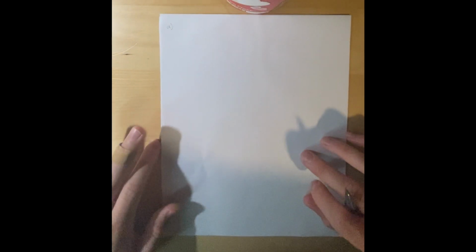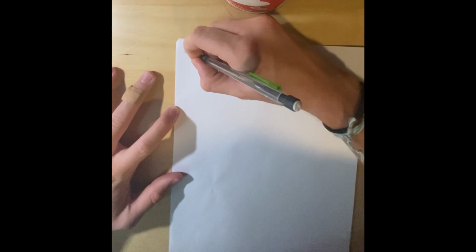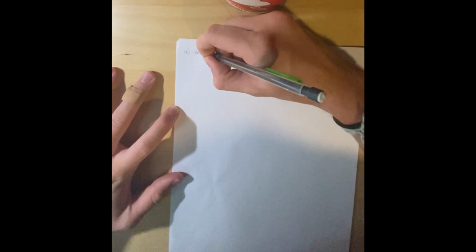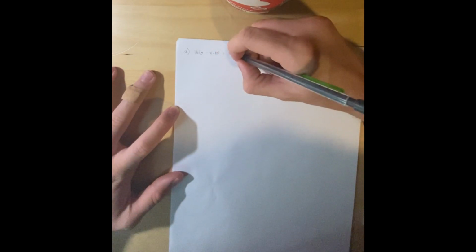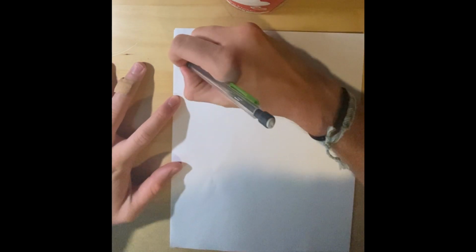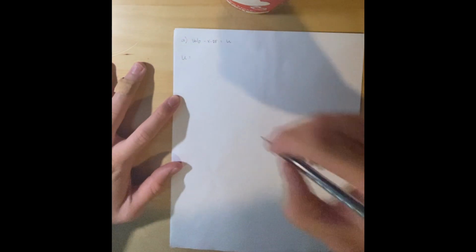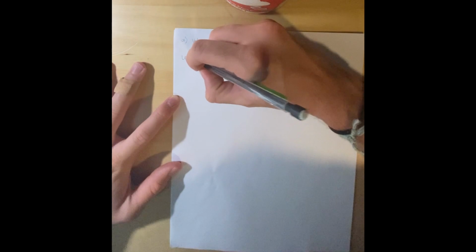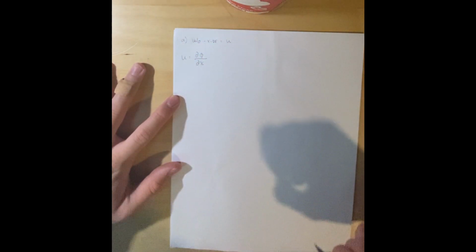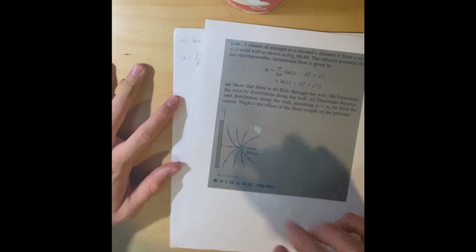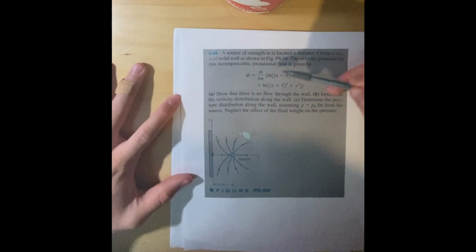All right, so part A, we need to find the velocity in the x direction, which is equal to u in this case. So we're going to say u equals the partial of phi with respect to x. And in this case, our phi function is this big old thing right here.